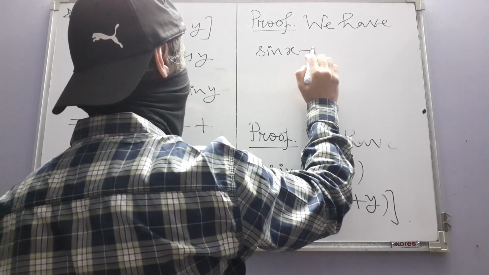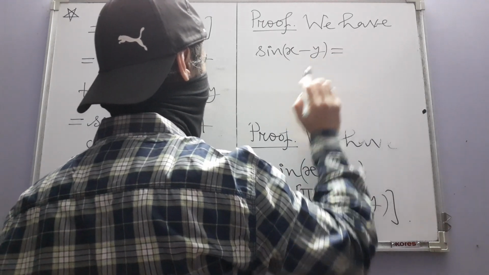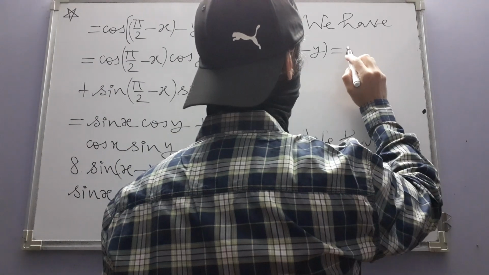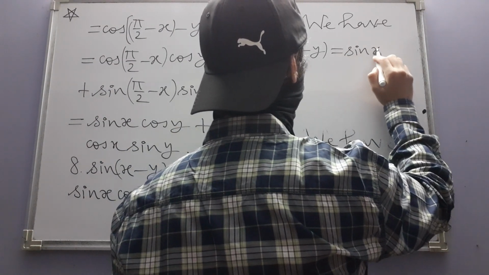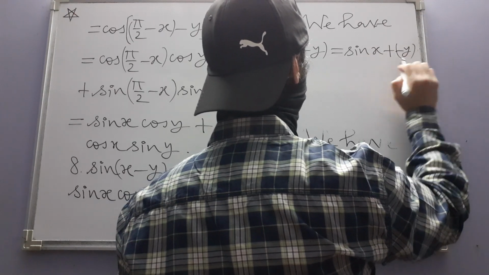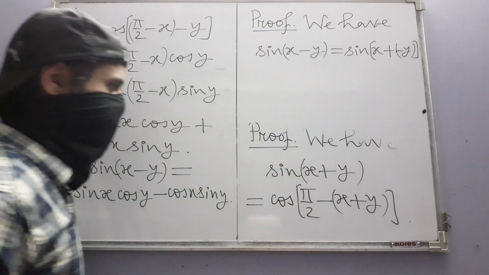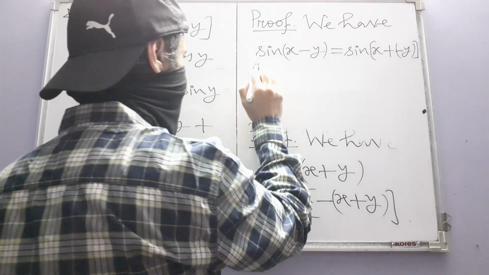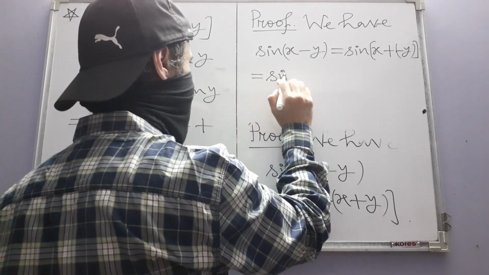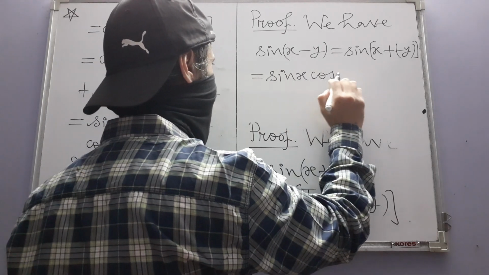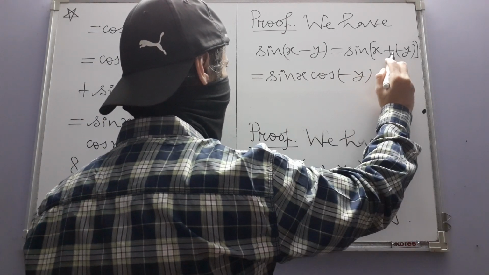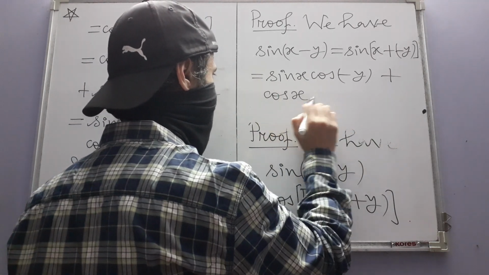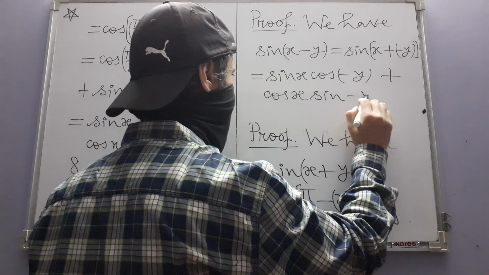Again, just like how you had the formula for cos(x - y), here also you write x minus y as a sum, the sum of x and minus y, and use your recently obtained formula. So this is sin x cos(-y), you have plus here, cos x sin(-y).